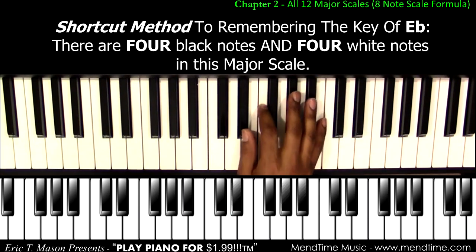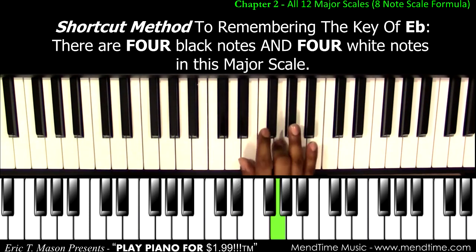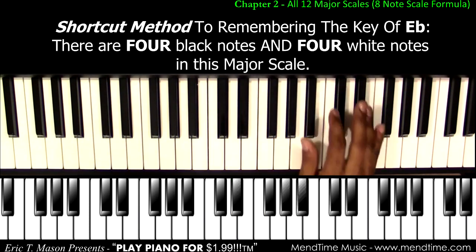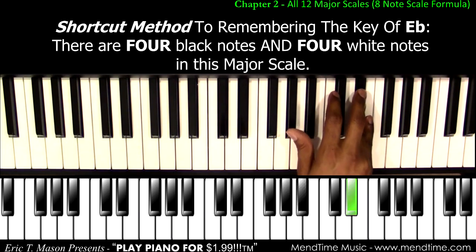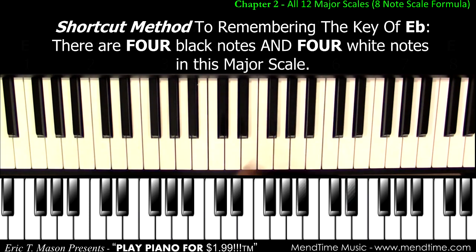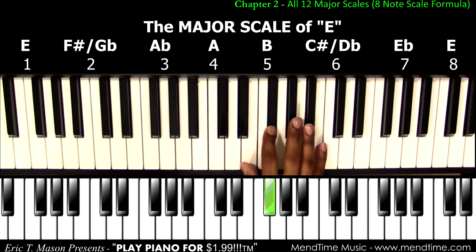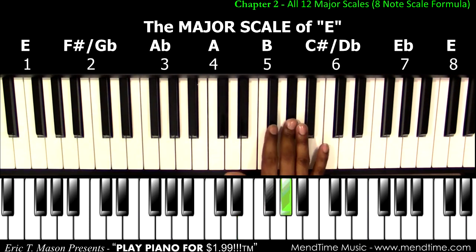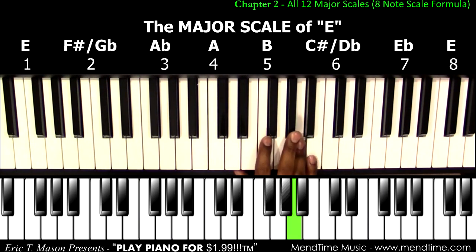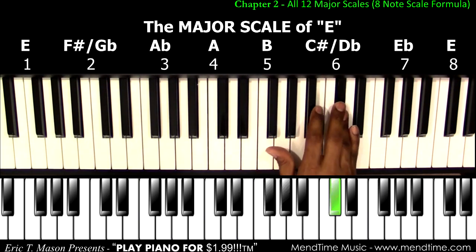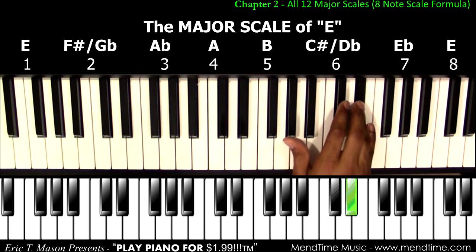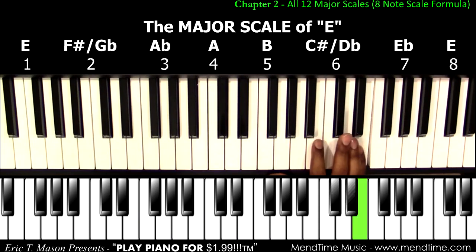The easiest way to remember D sharp, E flat is very simply 4 and 4. Okay, let's get back into the key of E. Got lost there a second. E, F sharp, G flat, G sharp, A flat, A, B, C sharp, D flat, D sharp, E flat, E.